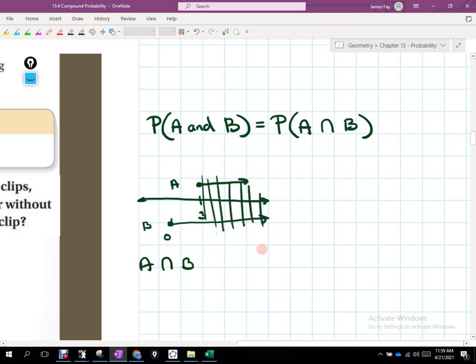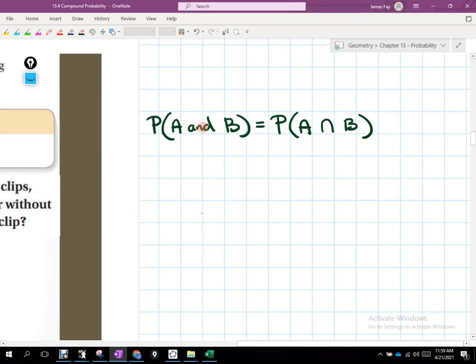Does that make sense? That occurring at the same time is the same logic that we're using here in probability that we learned when we talked about inequalities. So the word and right there is replaced with that symbol, still interpreted the same way. So then this would be P of A times P of B. And that is our formula for two independent events.